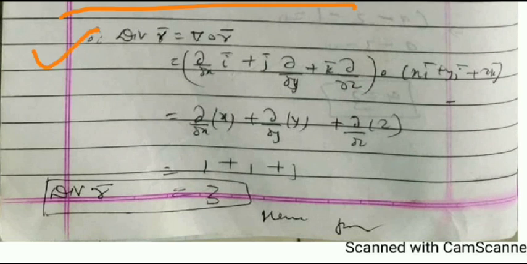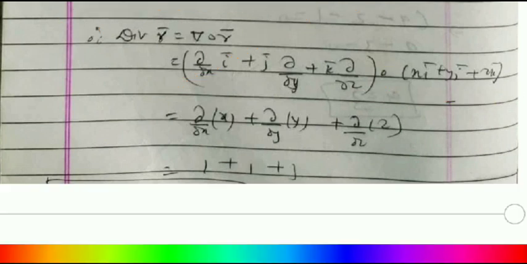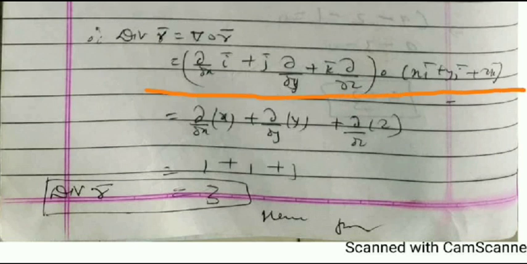Divergence of r bar equals del dot r bar. So write the value of del, dot product with r bar, and differentiate with respect to x, y, z.